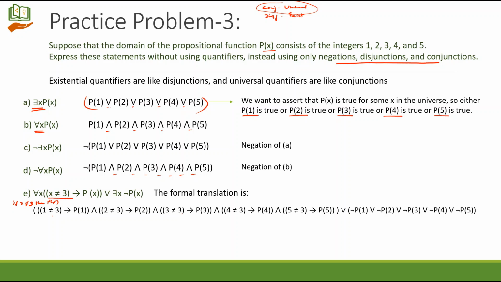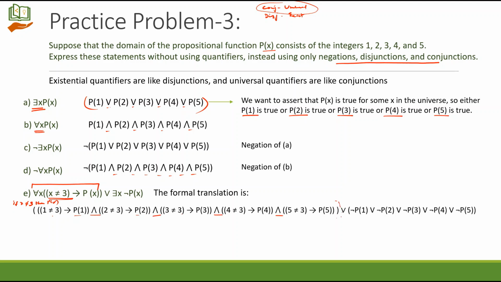With respect to this particular expression, implies operation is everywhere applied. P of x can be taken as P of 1, P of 2, P of 3, P of 4, P of 5. Since they have given universal quantifier only for this particular expression, we are going to apply conjunction operation.